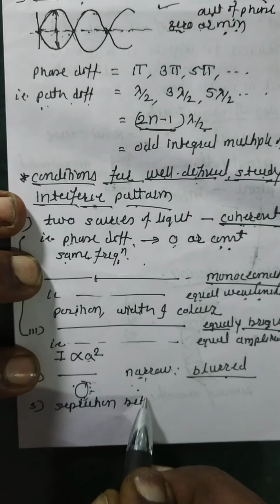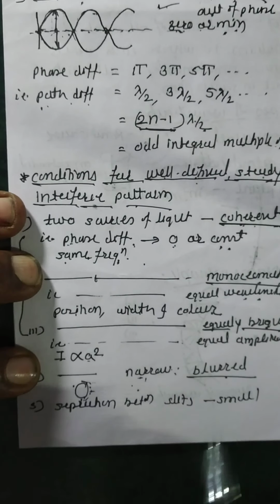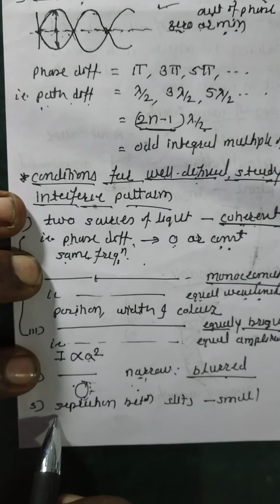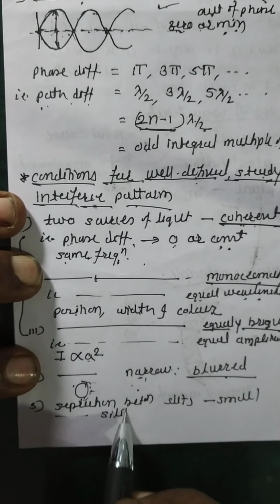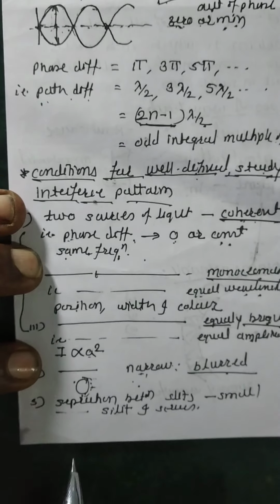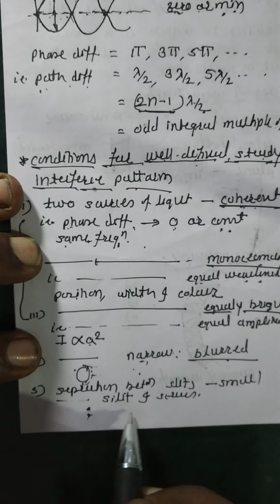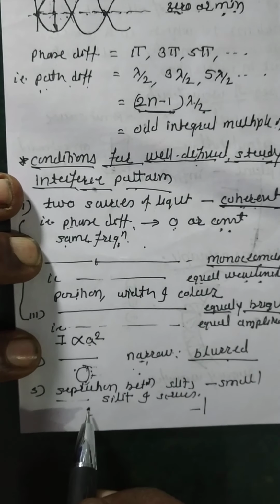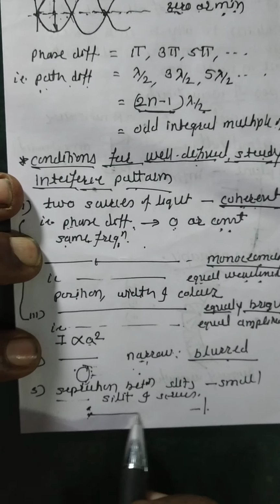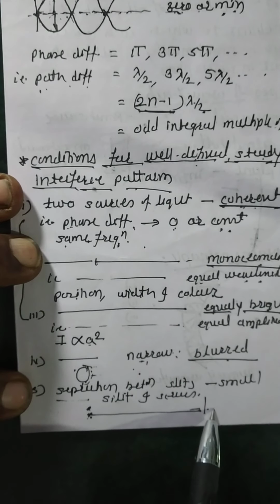The separation between slits must be small compared to the distance between the slits and the screen. That means the distance between the two sources is very small compared to the distance between the sources and the screen. The distance between the two sources should be small, but the distance between the sources and the screen should be large. Separation between two slits must be small as compared to the distance between sources and screen.